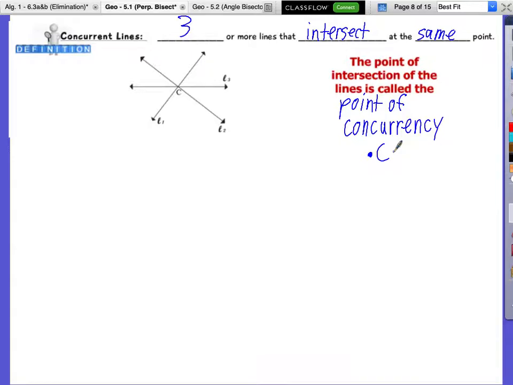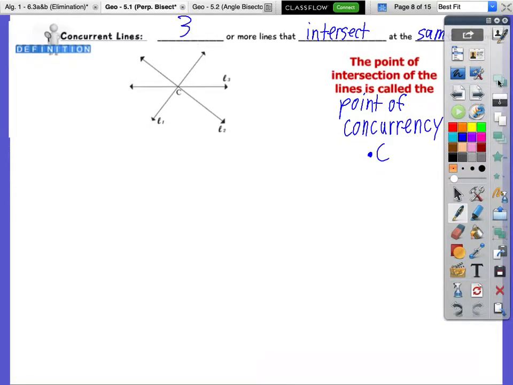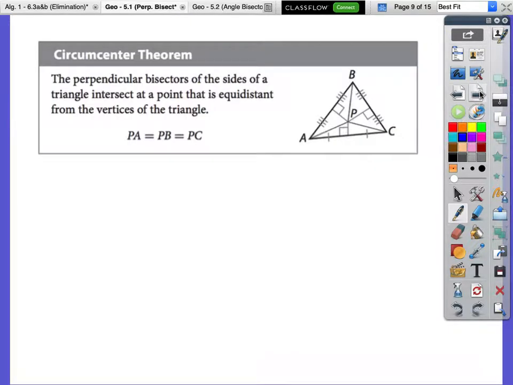So whenever we have three concurrent lines that intersect at the same point, that's what we just had with our perpendicular bisectors, right? We had three lines intersect at the same point, so those lines were concurrent. When the three perpendicular bisectors meet, they meet at what we call the circumcenter.